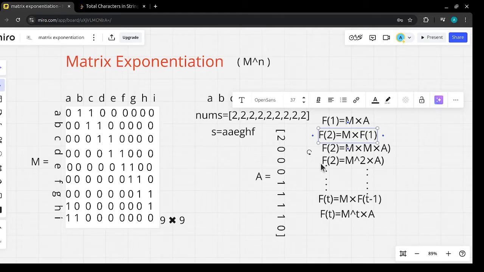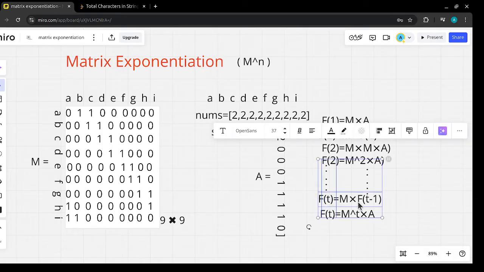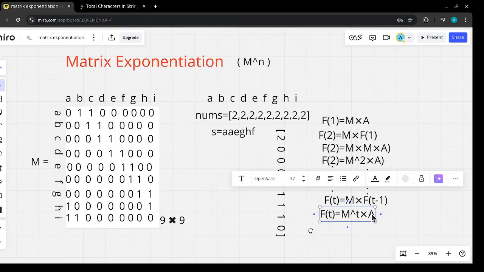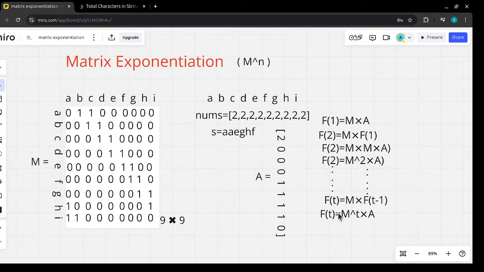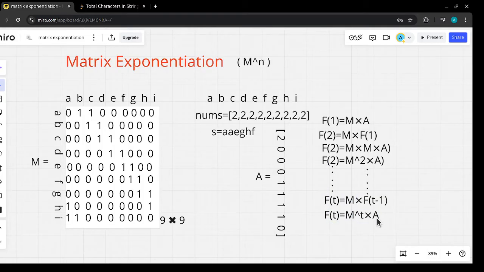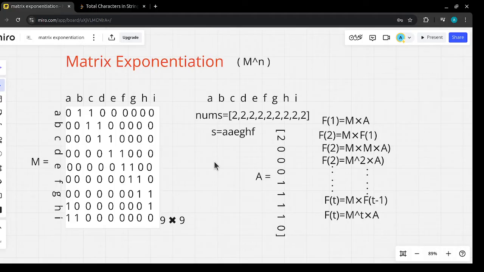Recursively, we can say that after n or t transformations we will get the matrix M multiplied by A. So effectively we have to calculate the matrix M raised to the power t and the hashing vector A. To solve this problem, let us code this in Leetcode so that we can solve it easily.